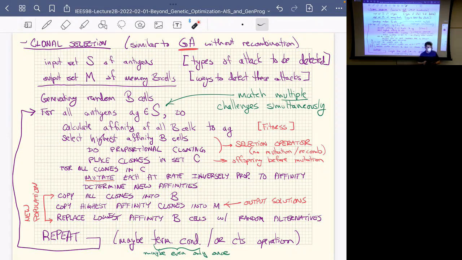So, all right, those are our adaptive immune systems. I hope you can see they're adjacent to genetic algorithms. In the last few minutes here, I want to pivot to things that are maybe even more tied directly to genetic algorithms, but generate, I think, even more creative solutions.